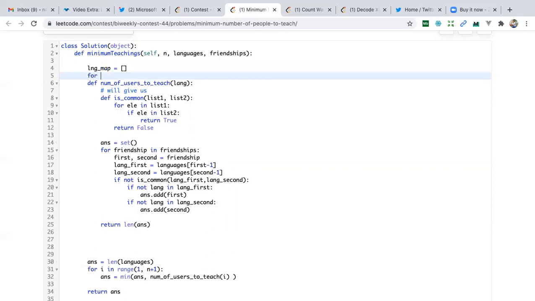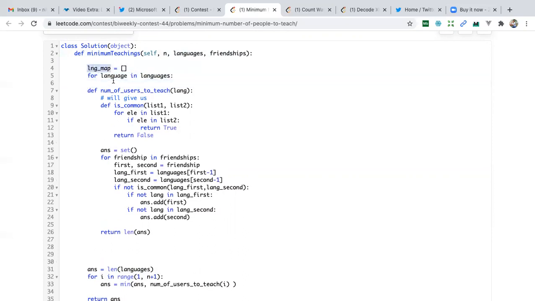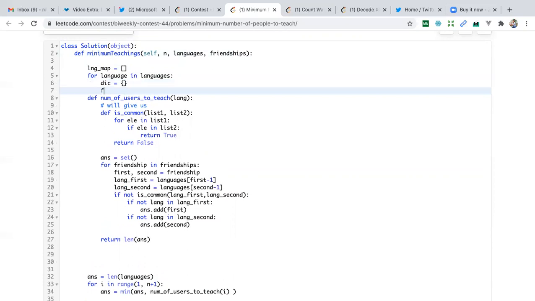So for language in languages, dictionary will be this.